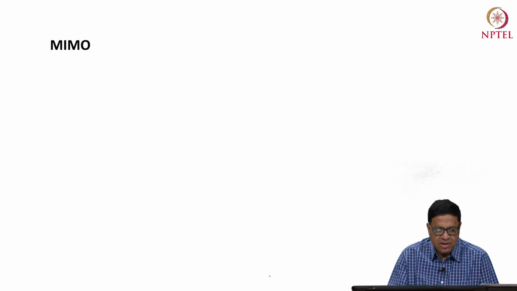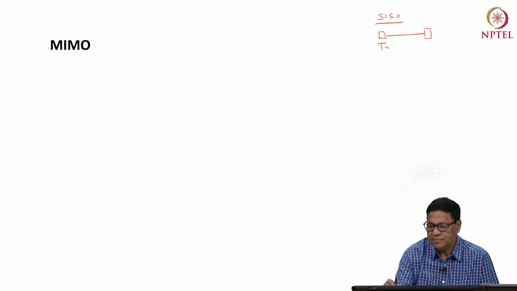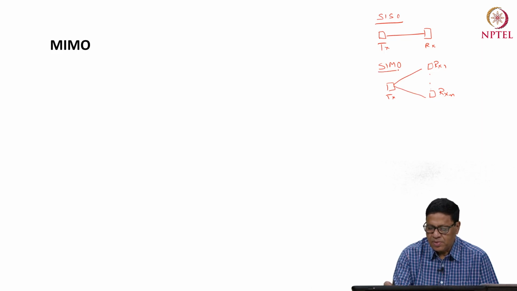So there are actually various forms of MIMO systems. One is very simple, which is single input, single output. So there is one transmitter and one receiver. The other is SIMO, that is single input and multiple output. So you have one transmitter and you have multiple receivers. This is RX1, this is say RX, and this is an example of a SIMO.